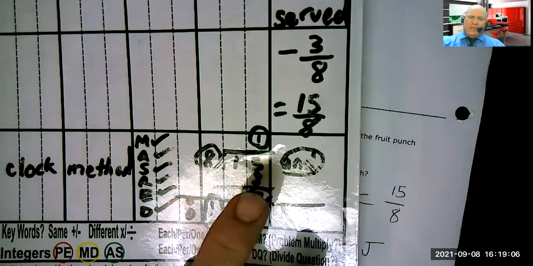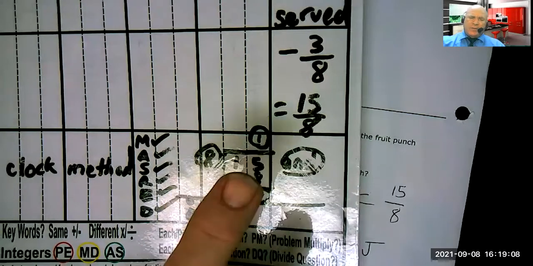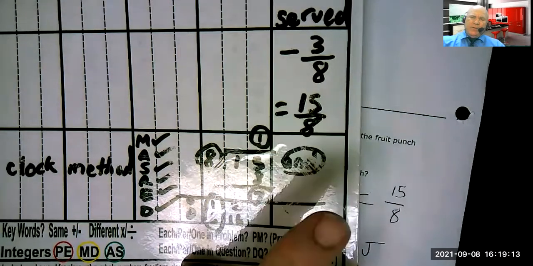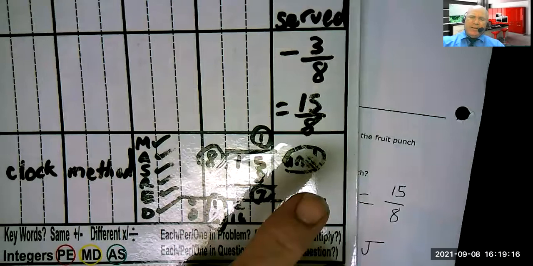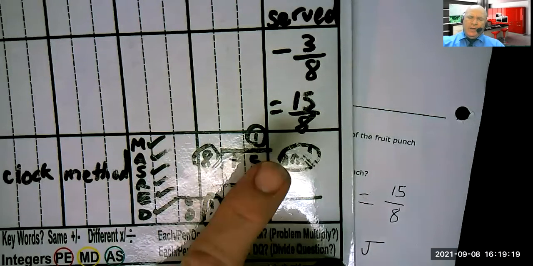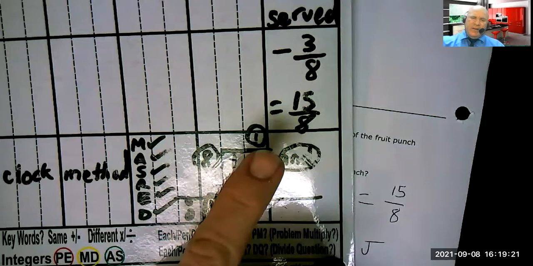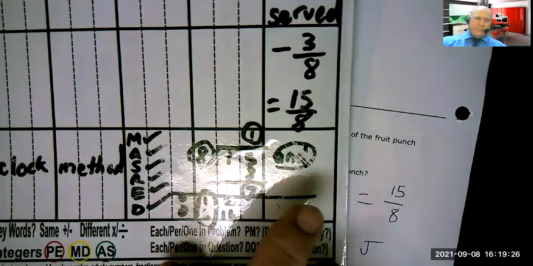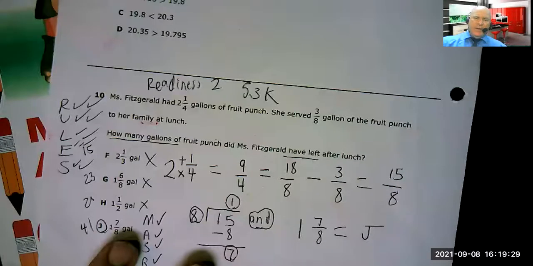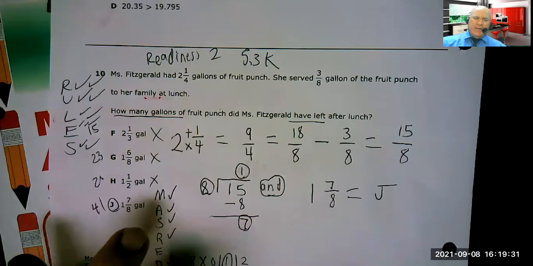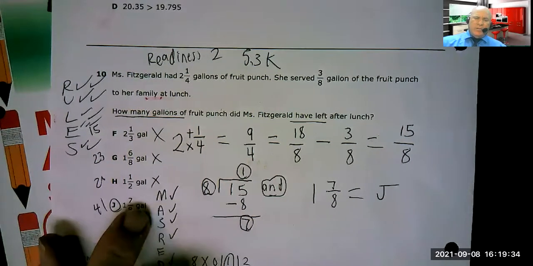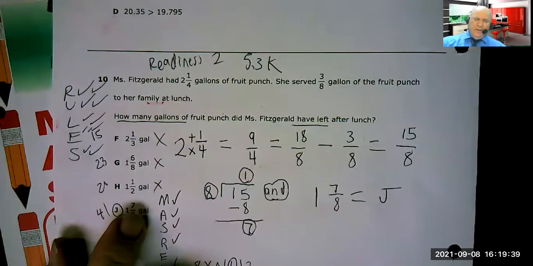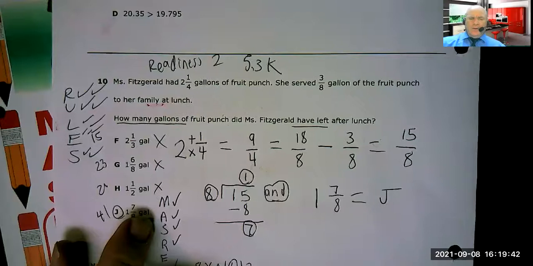So if I say these clockwise from the top going around, you'll get the answer of what 15/8 is when you have it as a mixed number: 1 and 7/8. So when we look at our answer choices, is it there? Yes, 1 and 7/8.